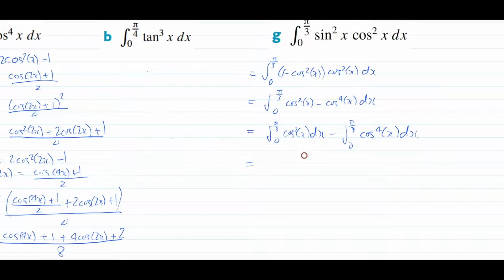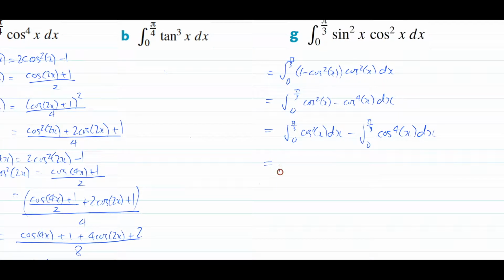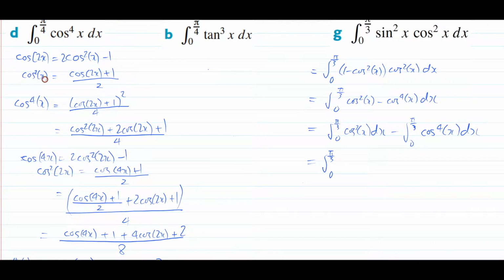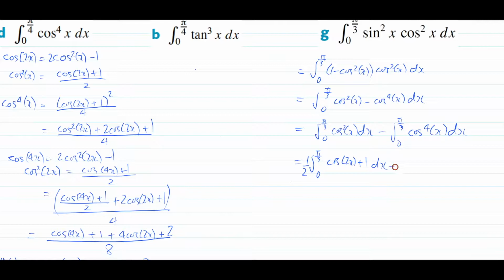So if we look at this, pi on 3, 0, cos square of x, what's another way of writing cos square of x? Well, we have to take a look over here. Cos square of x is cos 2x plus 1 divided by 2. So that is cos 2x plus 1, and anti-derive in terms of x. We bring the half out. And then same thing over here with the cos 4 of x.